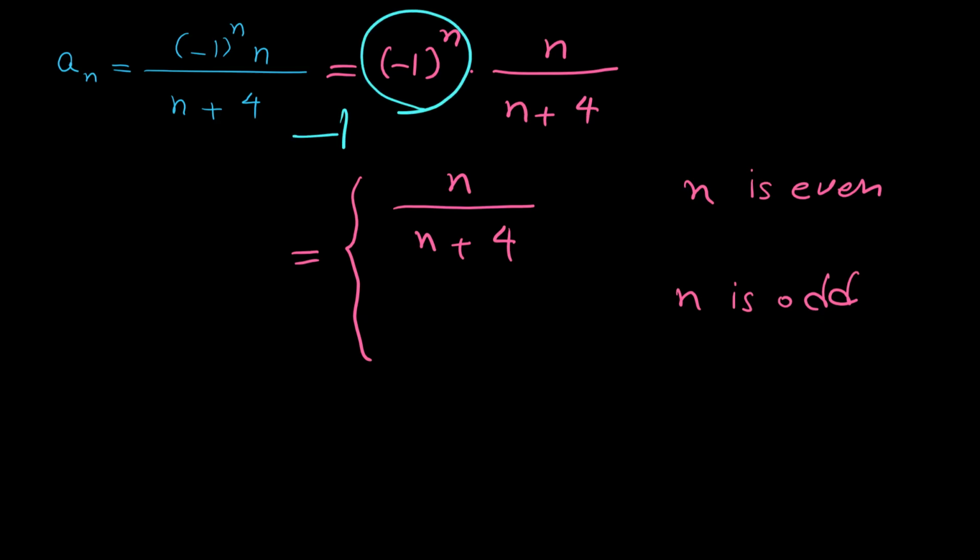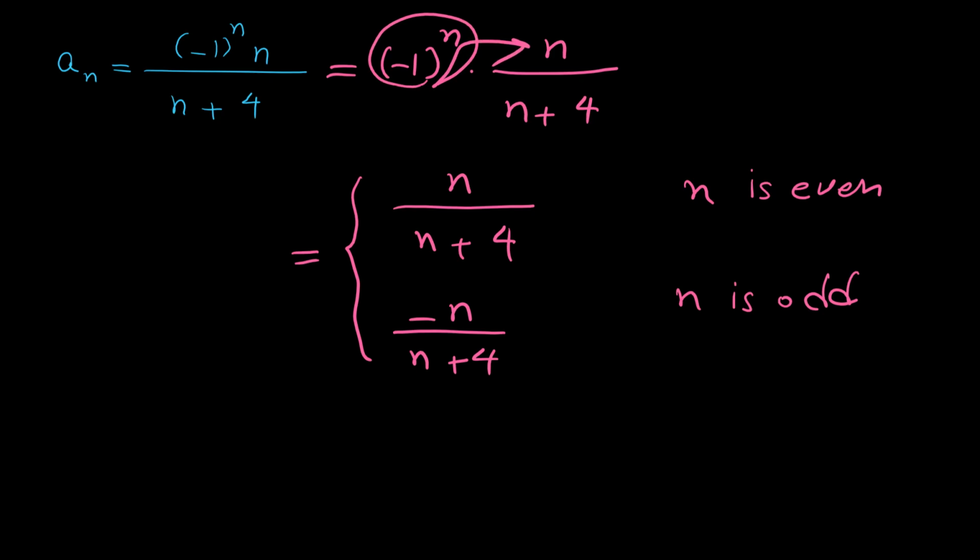So negative 1 times n over n plus 4. Let me write this: negative n over n plus 4, in this form. Now, when n approaches infinity, what happens to each of these limits? Let's find the limit of each of these. What is the limit of this when n approaches infinity?